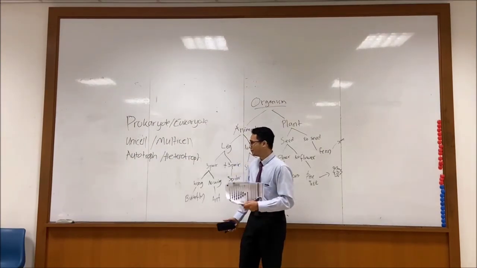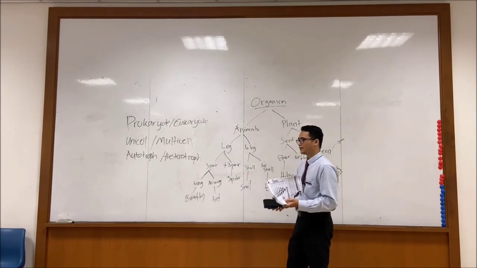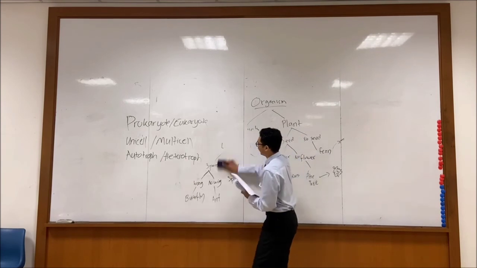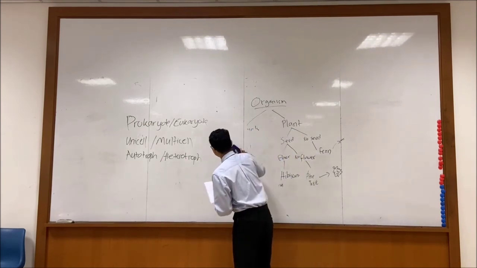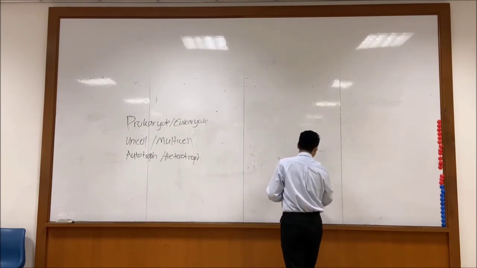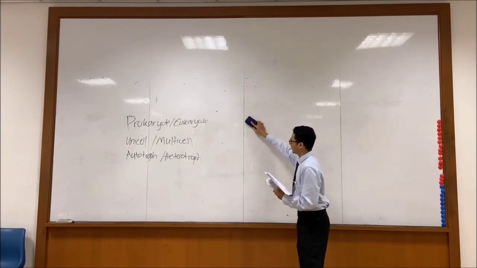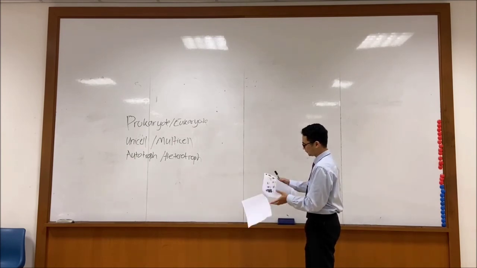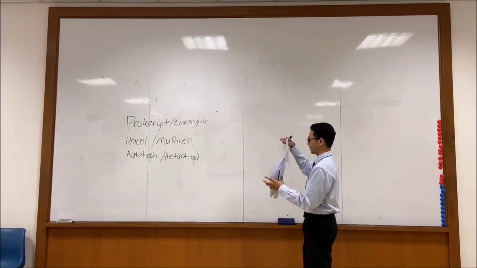Alright. Before we end, I want to do a pop quiz. I want all of you to answer what am I writing here, okay? Yes, sir. So let's start, let's see the question.